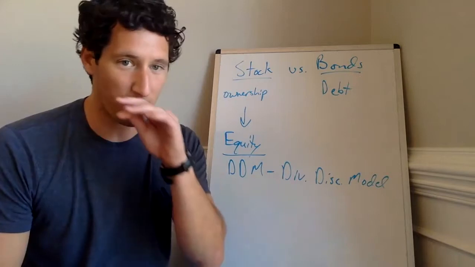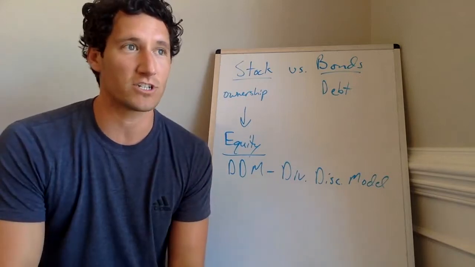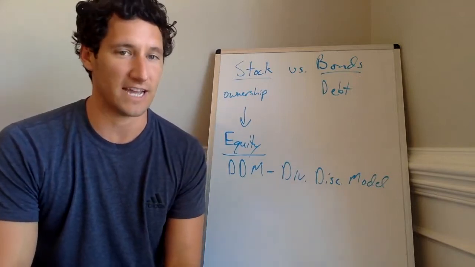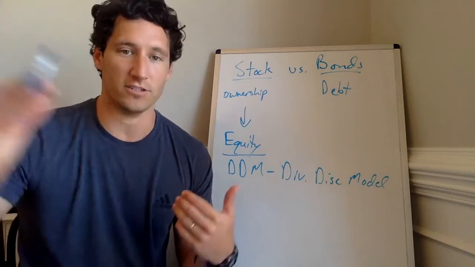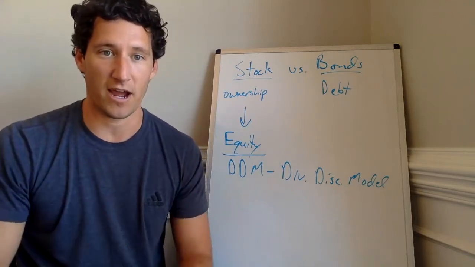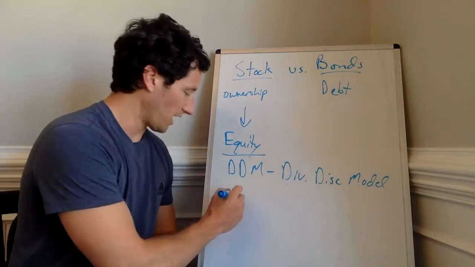So the dividend discount model, we're basically saying 1 share of stock is worth today all its future dividends discounted back to today's dollars. So remember your timeline, right?